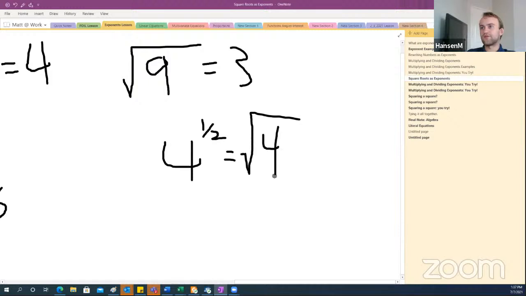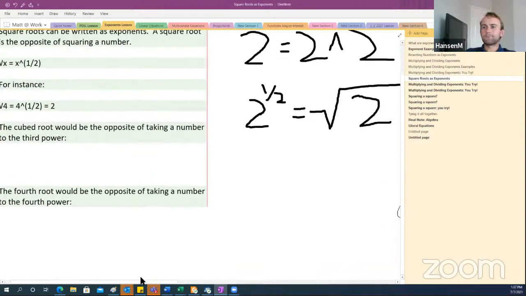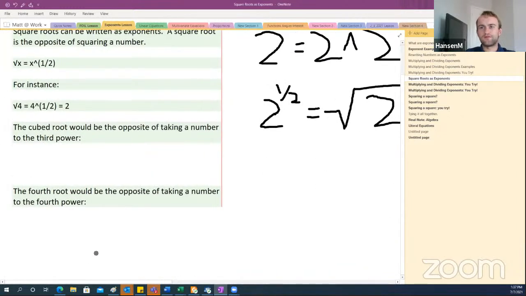It's just a slightly different notation. We would say what number times itself is 4. We could work that back and say that would be 2. So that's what a square root is.